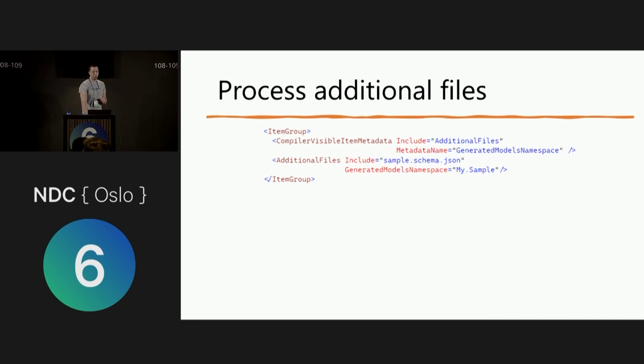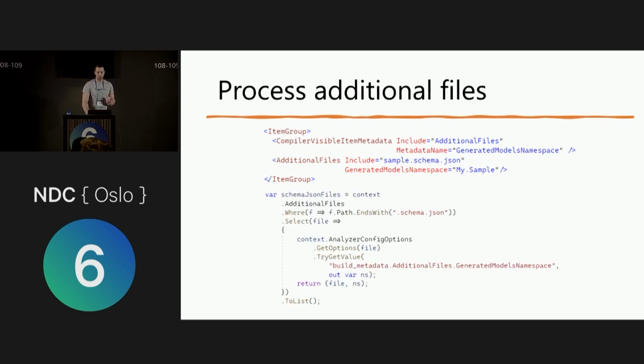You can also put some metadata on that. So if you're deeper in the build layer, you can do some customization. I can tell the build system, on the additional files objects, there should be this metadata name, in this case GeneratedModelNamespace, that I want to set on these items. Please make them available to the compiler.